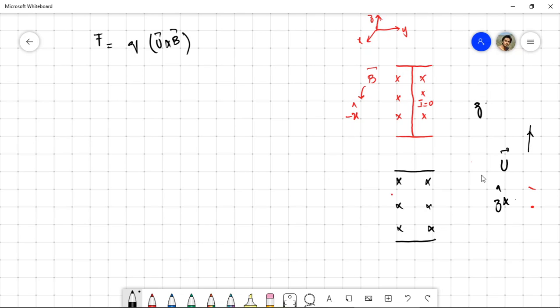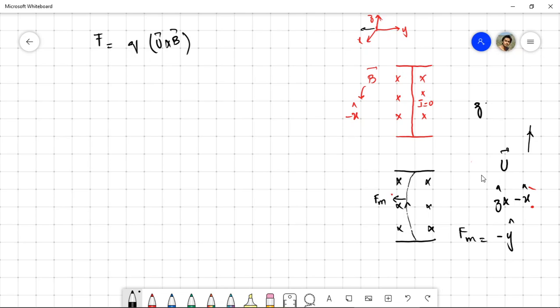The direction of B is minus x hat. So as a result, what will be the direction of Fm, which is the cross product? This is minus y. It means there will be a force acting in the minus y direction, and if our conductor is a little bit flexible, it will deviate like this. So this will be the direction of Fm here.